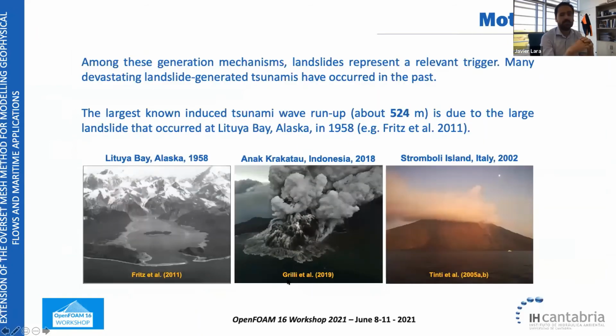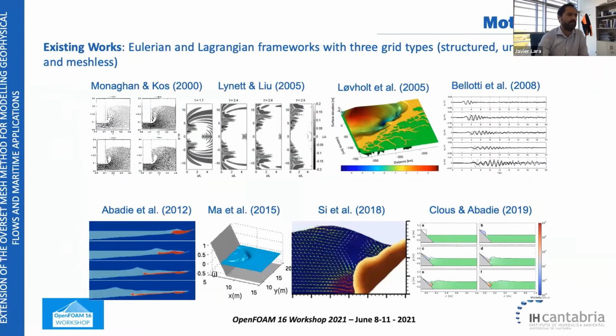It is really important, because we have found these kinds of problems in nature. You could perhaps remember the one that occurred in 2018 in Indonesia, but there are several examples that are creating dramatic effects on the coastline, and we are very much interested in that.